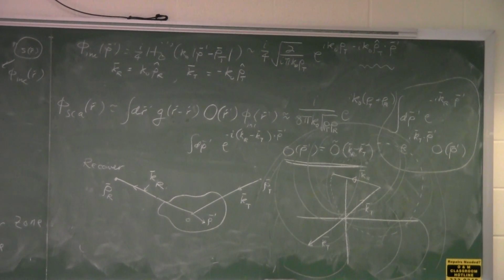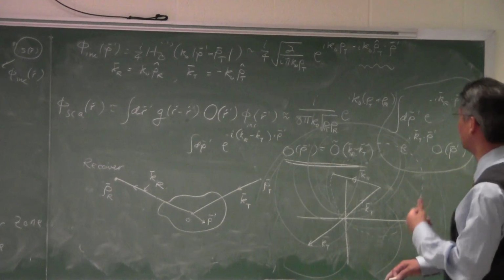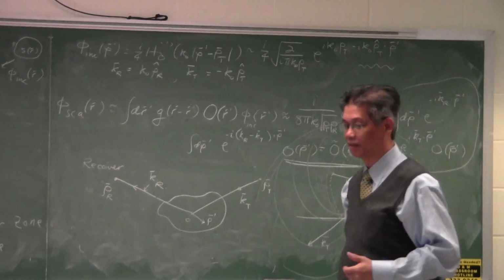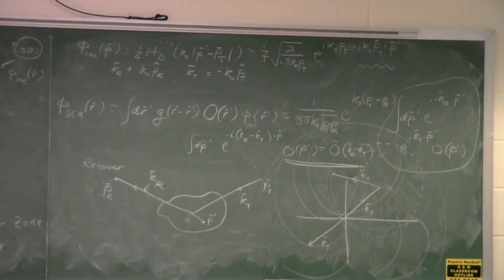And I can interpolate those Fourier data to a rectilinear grid and do an FFT, and then get this object back. Okay? That's called diffraction tomography.